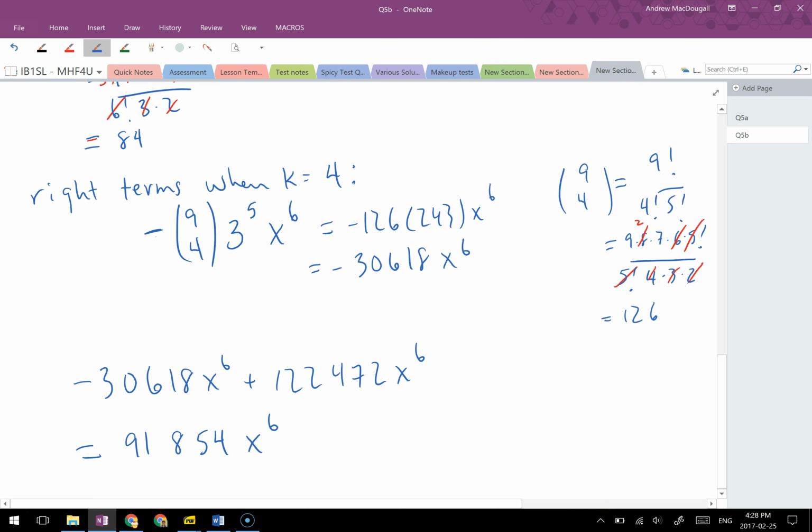So if you expand this whole thing we started with and do full simplification, you would end up with an x to the 6 term with a coefficient of 91,854. So I hope this clarified a little bit. These are pretty much as tricky as they get in terms of binomial theorem questions. So if you can really answer questions like this, you will be in very good shape for the test and exam.